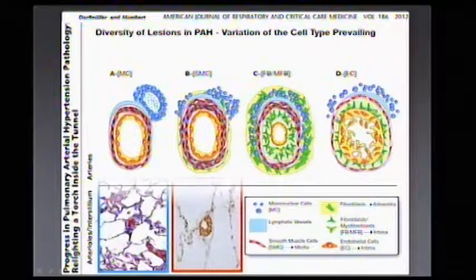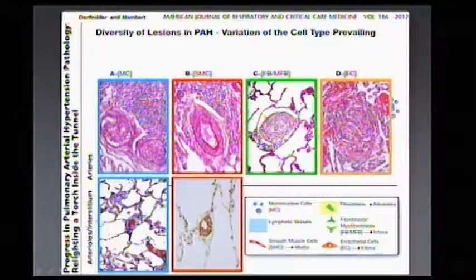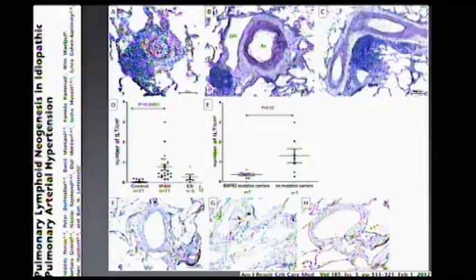And here are the real lesions we find, and there is no doubt that you have sometimes accumulation of mononuclear cells, that you have proliferation of smooth muscle cells, that you have myofibroblasts, and that you have endothelial cell proliferation, occluding the very small pulmonary vessels and thus increasing pulmonary pressure and pulmonary resistance.